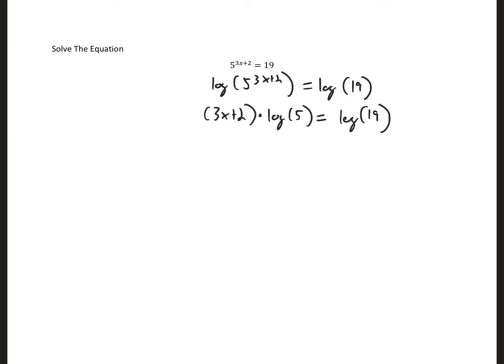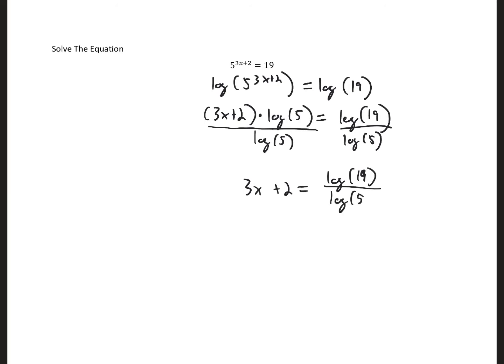So we're going to try and solve this for x. We're going to undo the multiplication first. 3x plus 2 then equals log 19 over log 5. We would subtract 2 from each side.